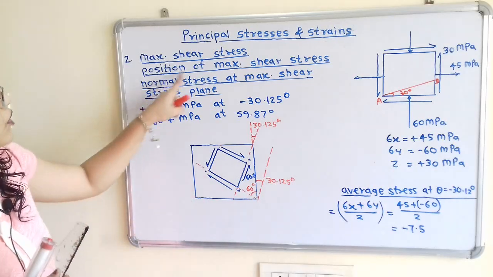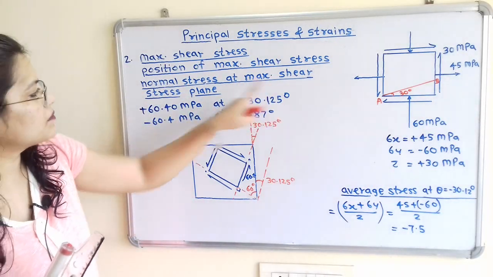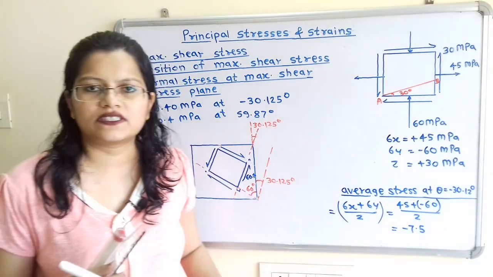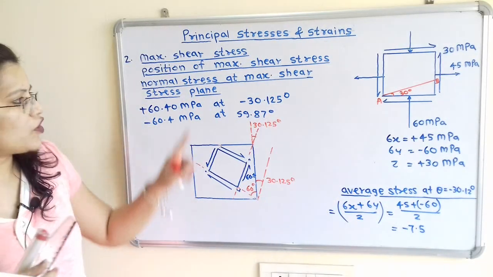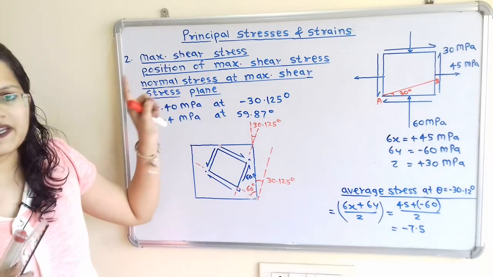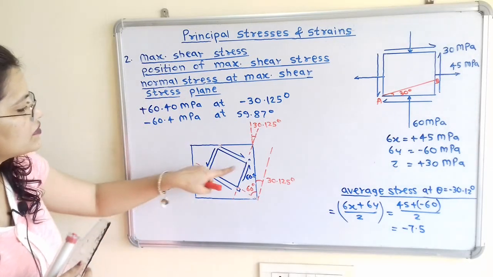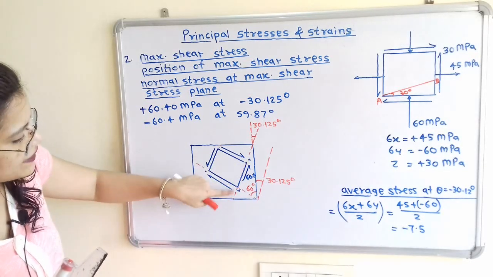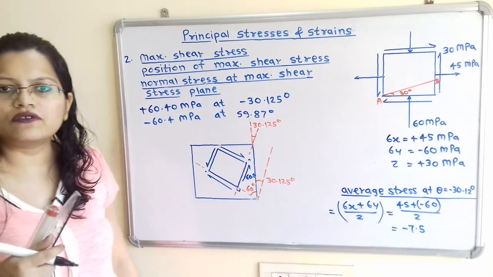This normal stress at the maximum shear stress plane is also known as average stress. Normal means perpendicular, so we have to find the stress perpendicular to this plane or this line. So how to find it?